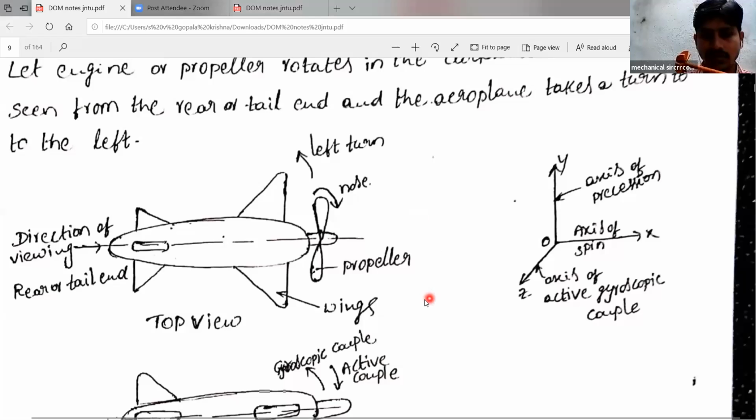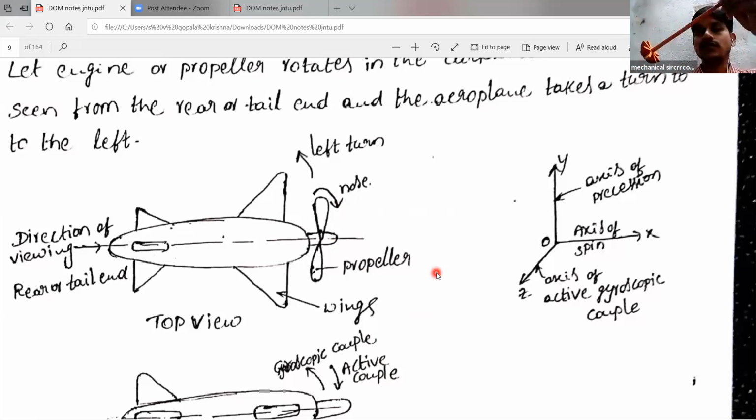This side direction, a right turn. When the plane takes a right turn, the direction of rotation of the propeller and the turning movement will be the same. Then the effect of gyroscopic couple is to dip the nose and raise the tail.